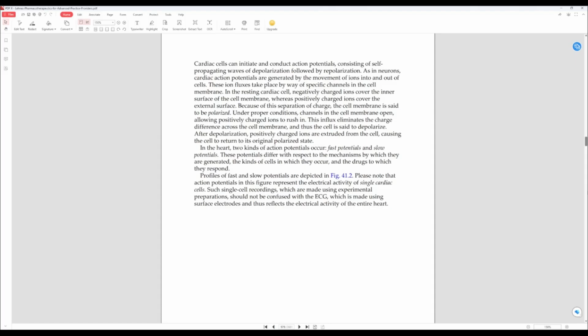Please note that the action potentials in this figure represent the electrical activity of single cardiac cells. Such single cell recordings, which are made using experimental preparations, should not be confused with the EKG, which is made using surface electrodes, and thus reflects the electrical activity of the entire heart.